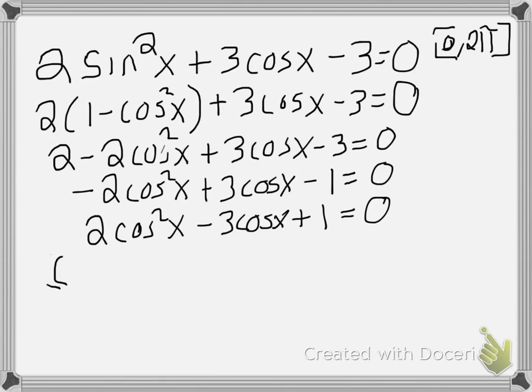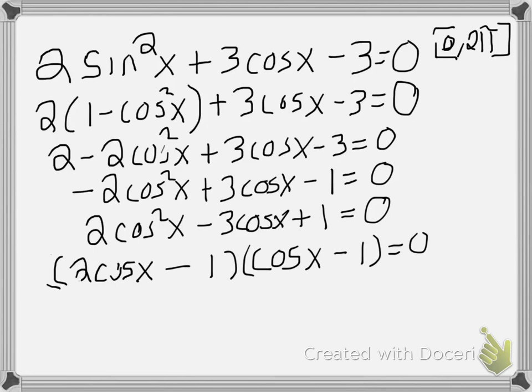Again, guys, this should be an easy factor. You can only do two things. You got 2 cosine of x, and you got cosine of x. Okay, as you can see, I'd rather write and not talk at the same time.